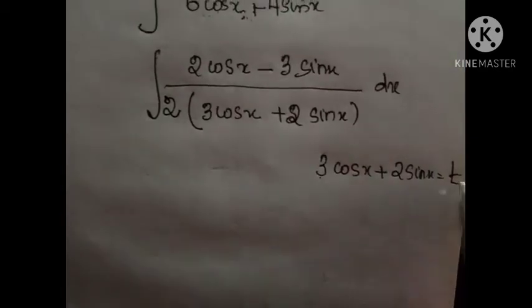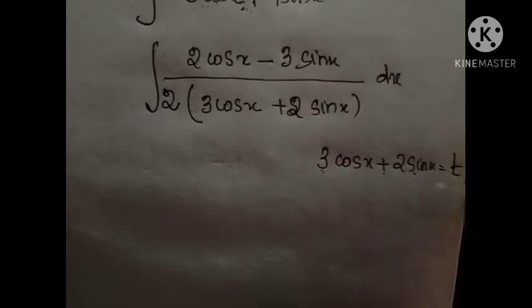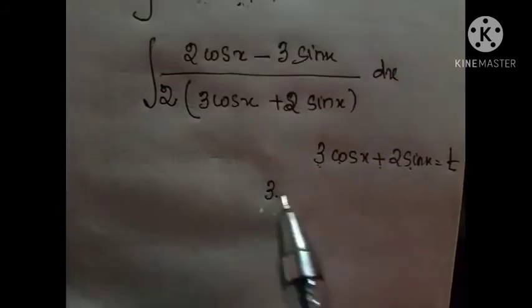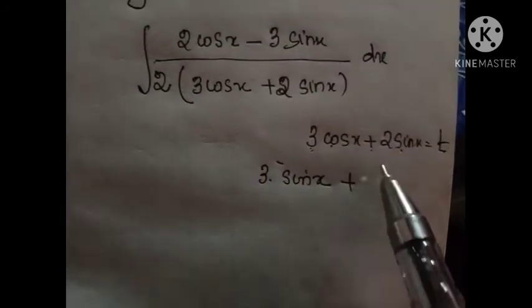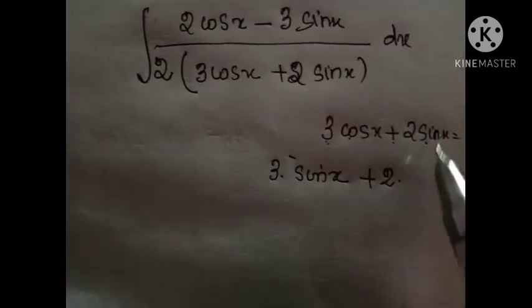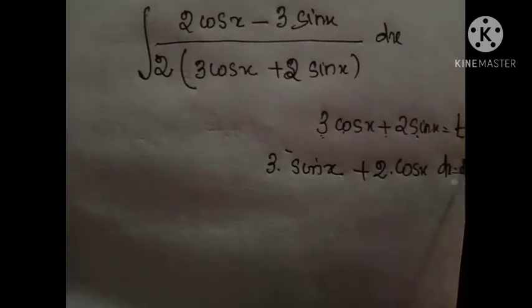Now differentiating on both sides with respect to x and with respect to t. So this becomes 3 into derivative of cos x is minus sin, plus 2 into derivative of sin is cos, dx equal to dt.